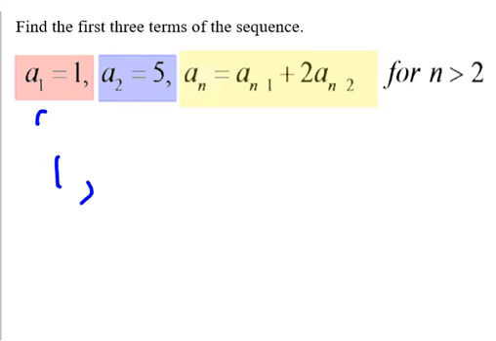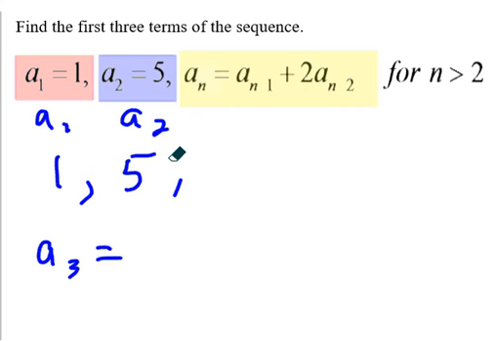So that's my A1 right there. A2 is 5. So I have the first 2 numbers. Thank you for bearing with me as I try out this new technology of this iPad.